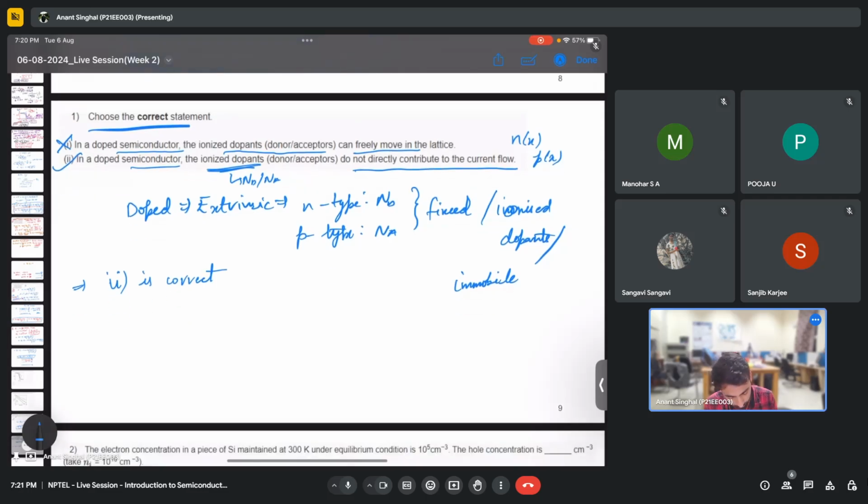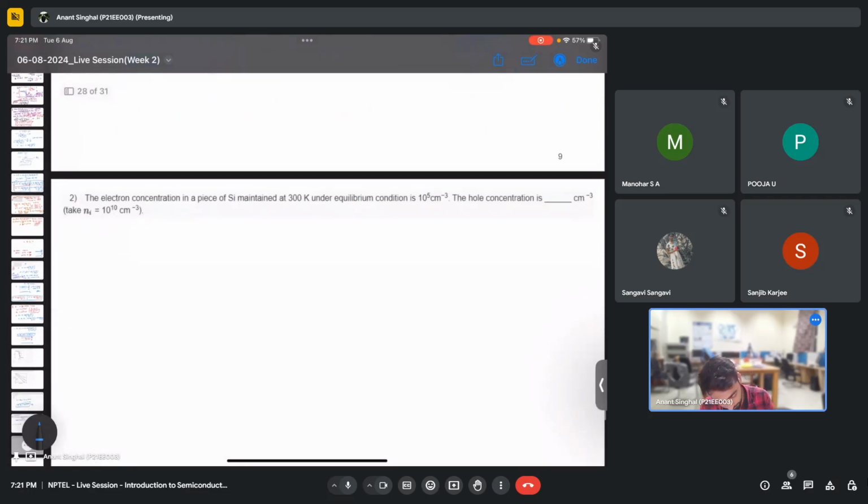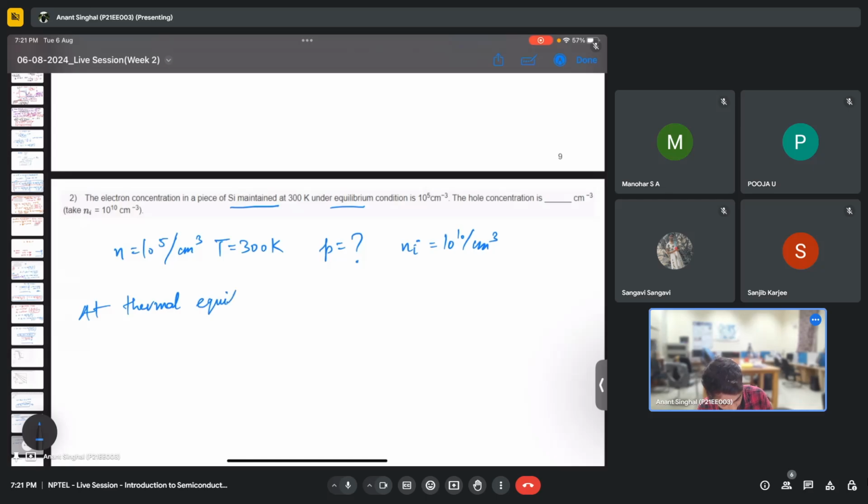Moving ahead. So we have the electron concentration n asked in the question, in a piece of silicon maintained at 300 Kelvin at equilibrium. n is given as 10 raised to power 5 per centimeter cube. We need to find the hole concentration, and Ni is given as 10 raised to power 10 per centimeter cube. So we know that at thermal equilibrium, N times P is nothing but Ni square.